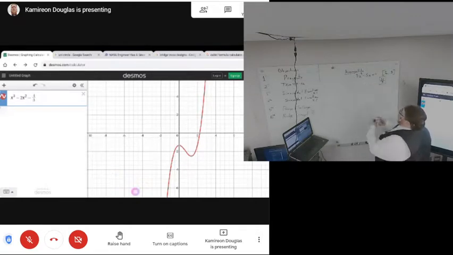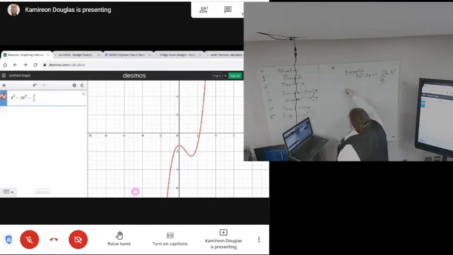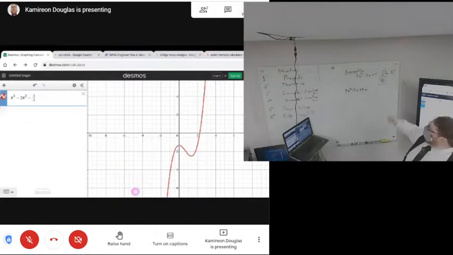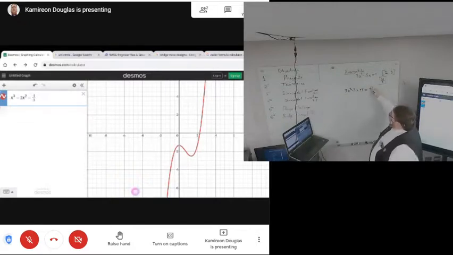Next piece. To find the actual value itself, we take 3x squared minus 5x plus 4 and plug it in. 51 over 2. At this point, what are my options?